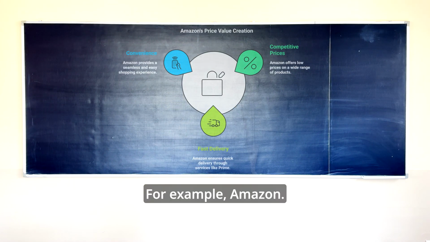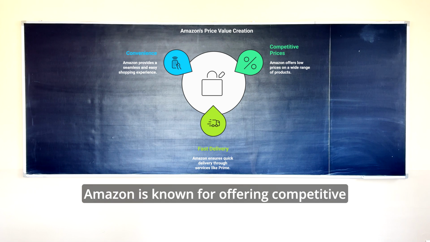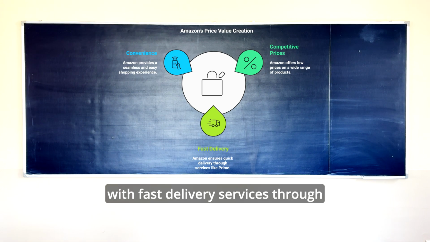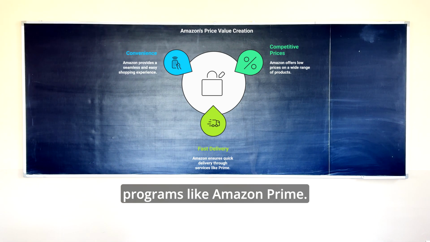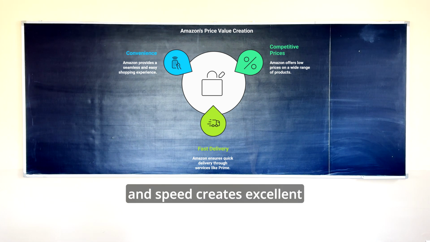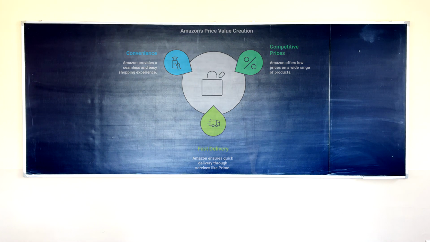For example, Amazon. Amazon is known for offering competitive prices on a vast range of products, often coupled with fast delivery services through programs like Amazon Prime. The low price combined with convenience and speed creates excellent price value for customers.